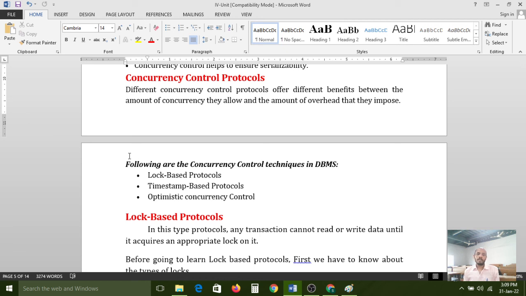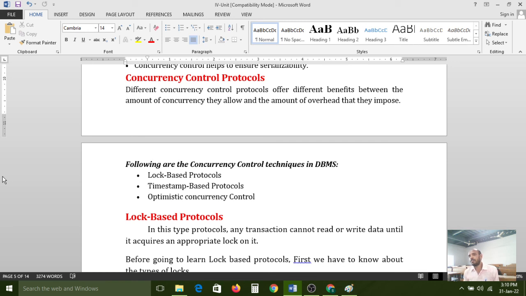Don't get confused here: the amount of concurrency is nothing but the different types of transactions. Concurrent transactions are simultaneously executing, all on the same database at a time. That type of transactions are called concurrent transactions.